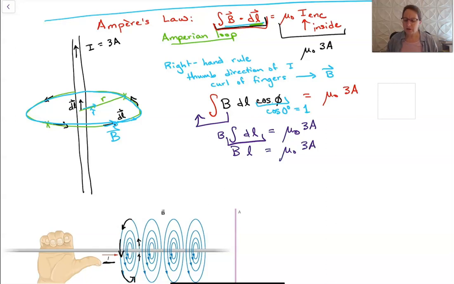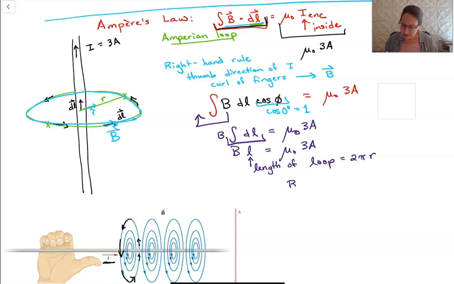Now, in this case, we are doing this integral along the Amperian loop, not the length of the wire, so this becomes the length of the loop. This is the circumference of a circle, equal to 2 pi times r, however big this radius is wherever we put this loop.